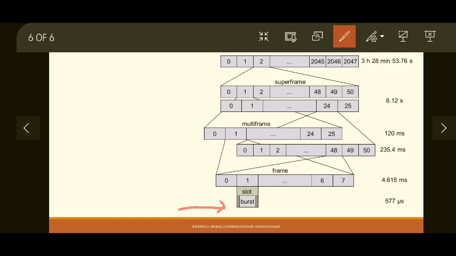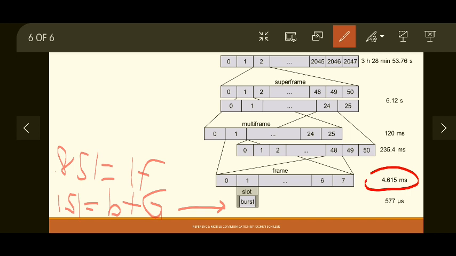One slot is equal to a burst plus guard space. 8 slots are equal to one frame. If you combine 8 slots, you will get one frame of 4.615 milliseconds.